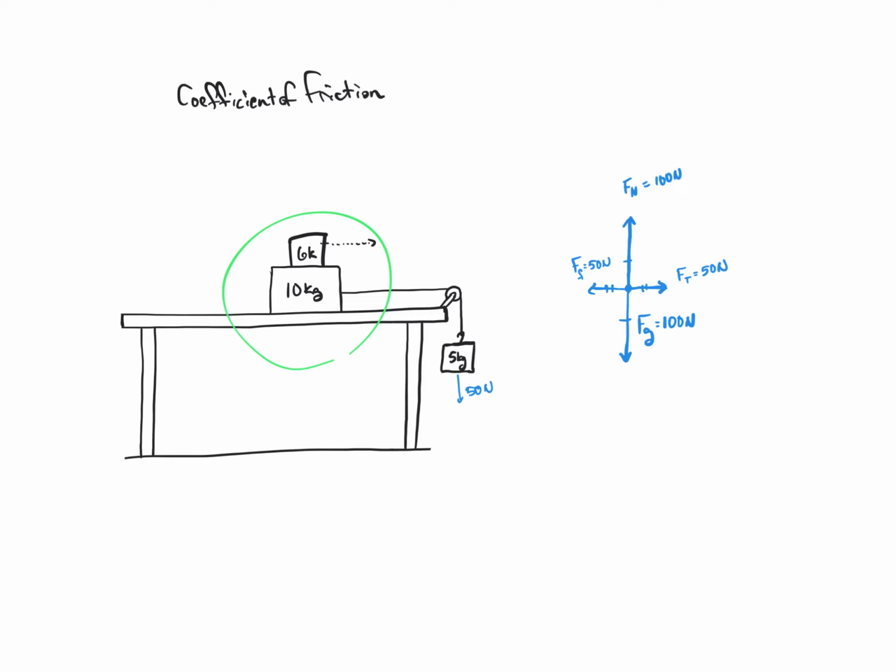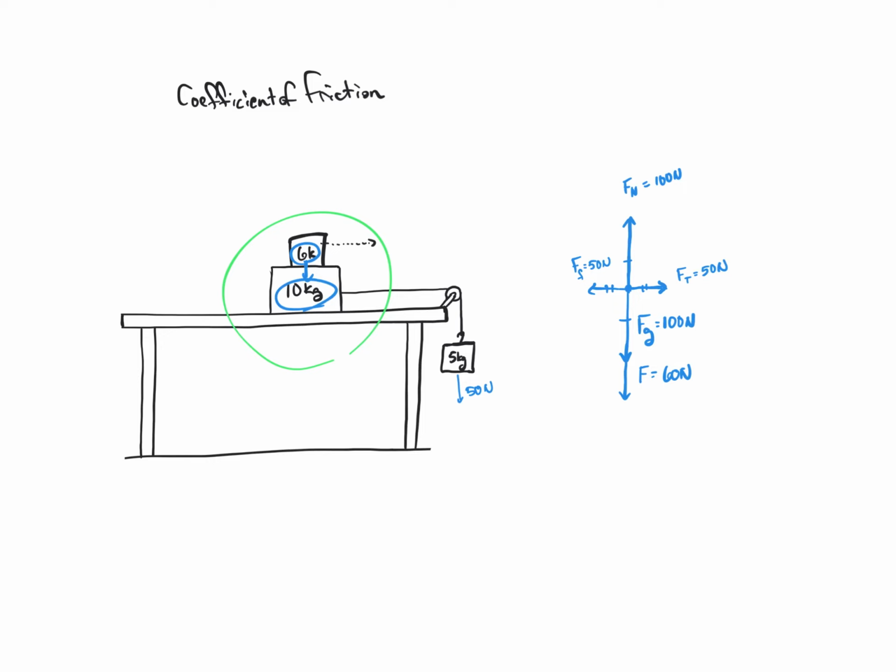A couple things. One, no longer is there a force of gravity of just 100 newtons acting down. There's the 100 newtons acting down on the box, plus then this other 6 kilograms is pushing down. So you have a second force, really the force of the other box, not really force of gravity, I mean indirectly, of 60 newtons. So a total of 160 newtons down.